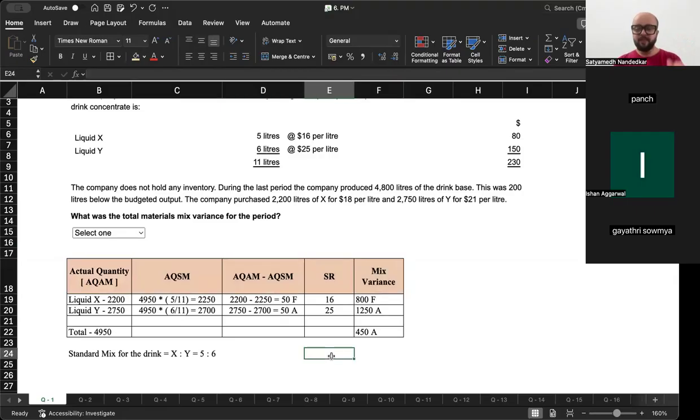It depends upon the actual usage or utilization. So if you use less than what you were supposed to use, the variance is favorable. If you use more than what you were supposed to use, the variance is adverse. So in this case, your variance is 450 adverse, because you're talking about the entire material mix, and in that proportion, 450 adverse is the correct answer. Okay.